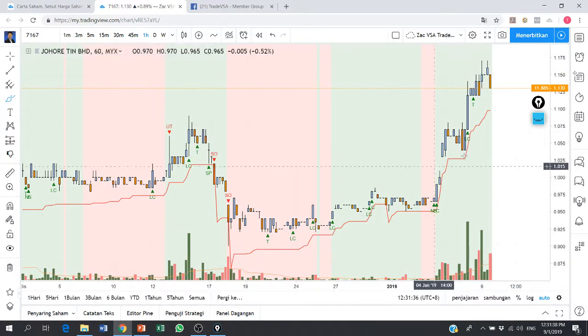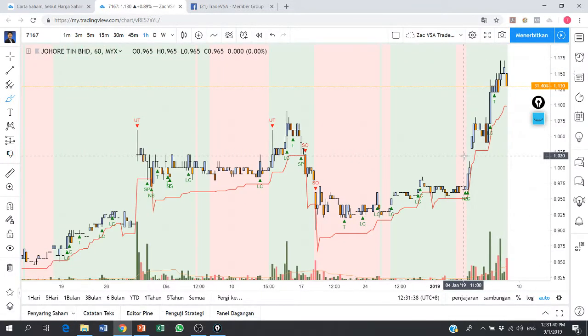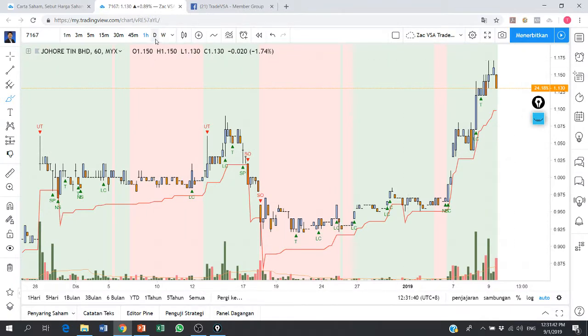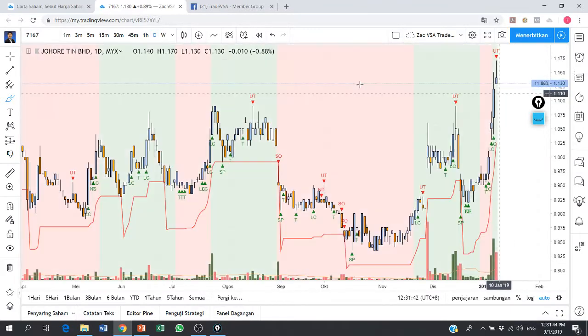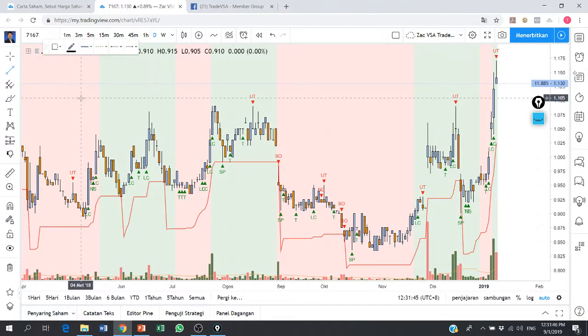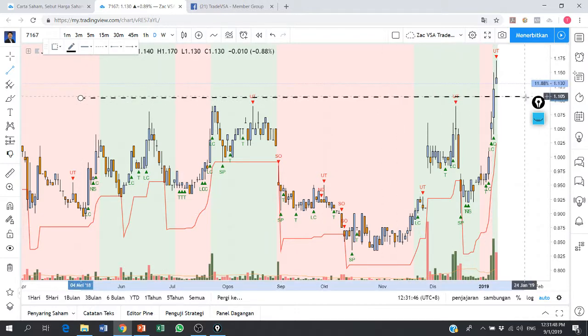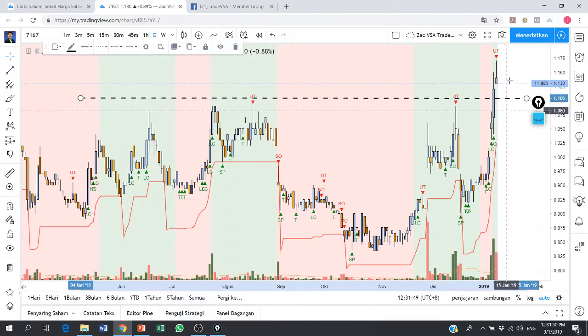Yeah, no strength yet. So I will still wait for it to pull back, probably around this support here, so I have very low risk before I trade, based on the daily chart. Because sellers are coming in at this upthrust, it will probably pull back for a while, do some tests before pushing up again.